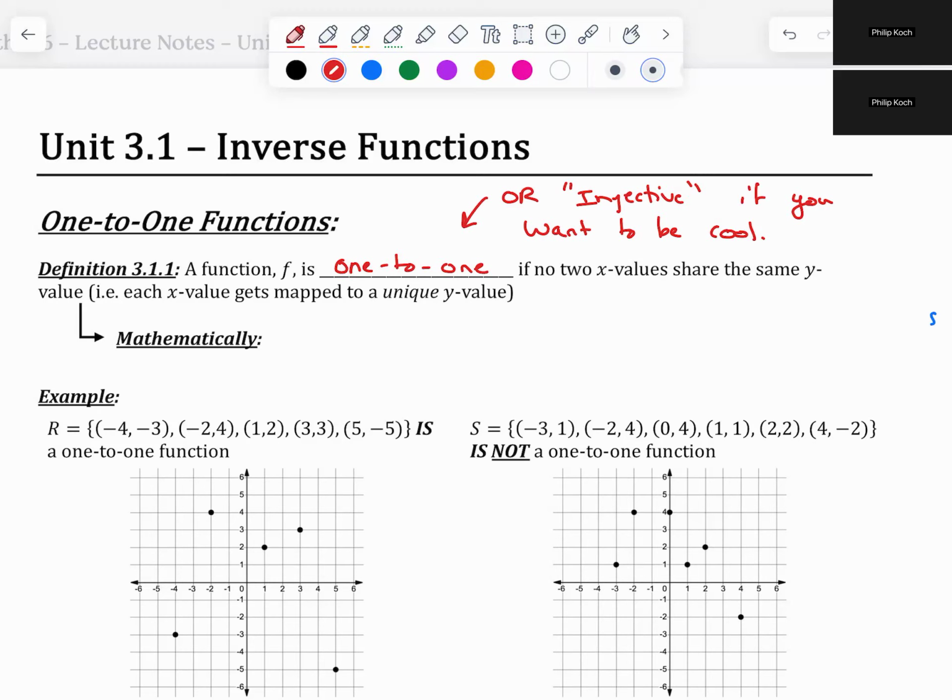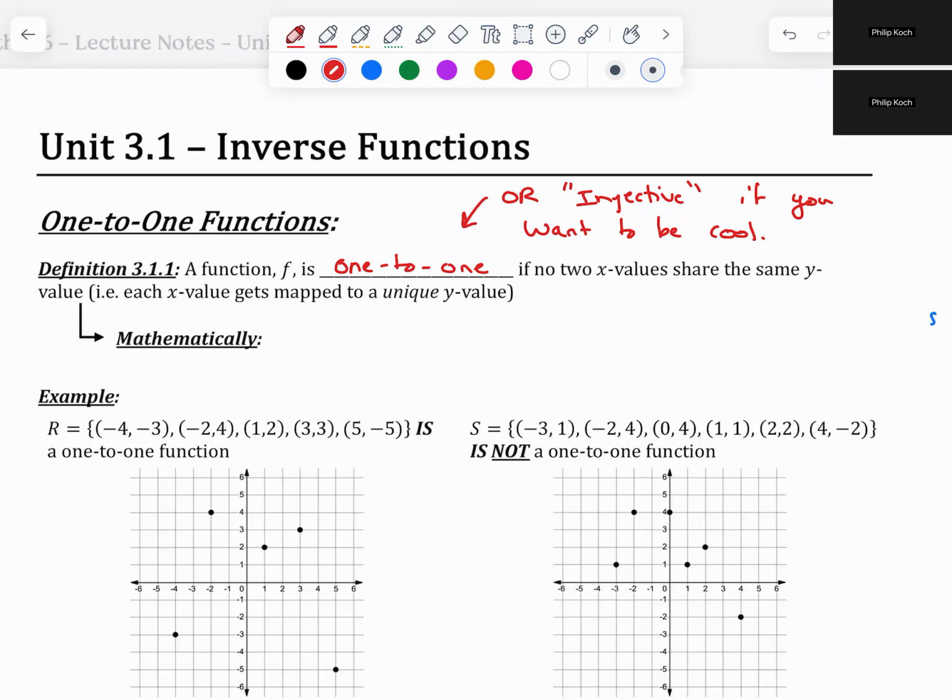But the problem is that in later mathematics, one-to-one can mean something completely different, like a better version of what one-to-one actually is. So I don't like that terminology. The actual terminology that most mathematicians will say is injective, which just sounds way cooler. So you say that's an injective function, and now people are really impressed by you and intimidated.